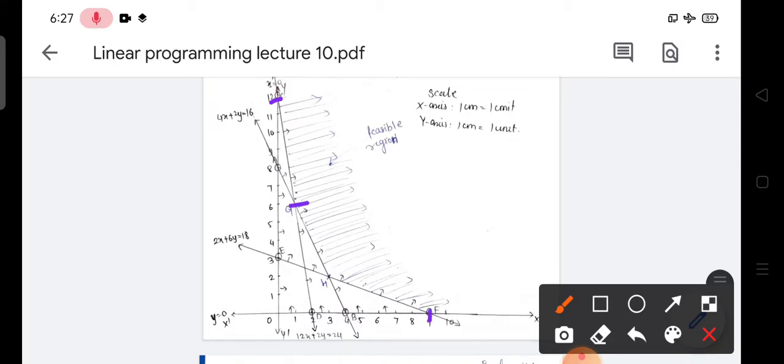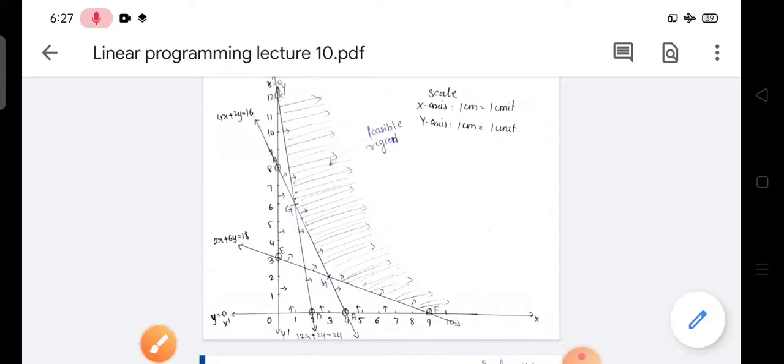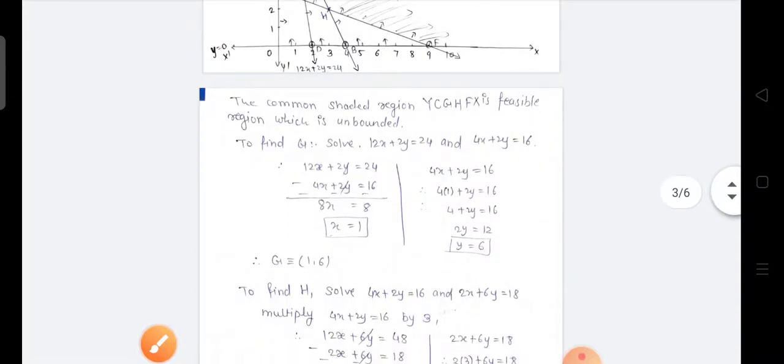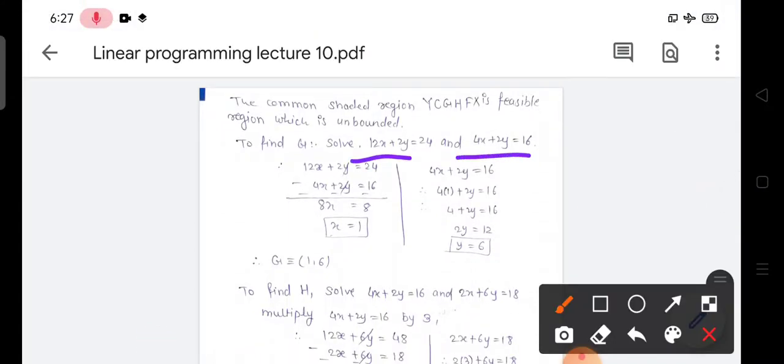We only don't know G and H. Okay, now how to find them? We know that the G point is the intersection of these two lines. What are these lines? 4x plus 2y equals 16 and 12x plus 2y equals 24. So to find G, solve these two lines.